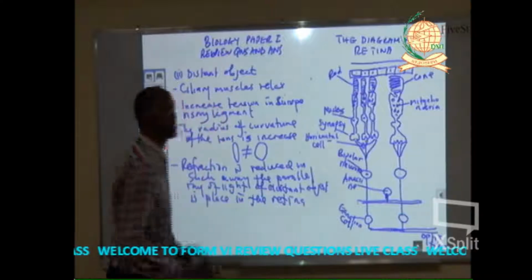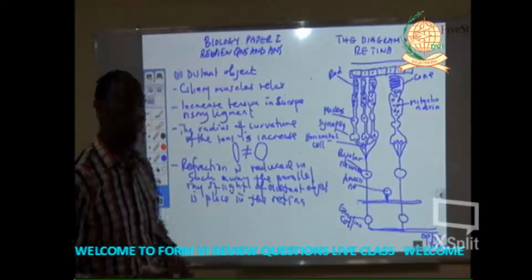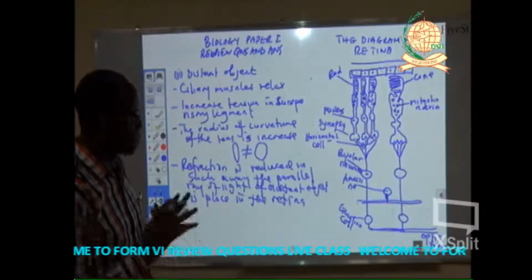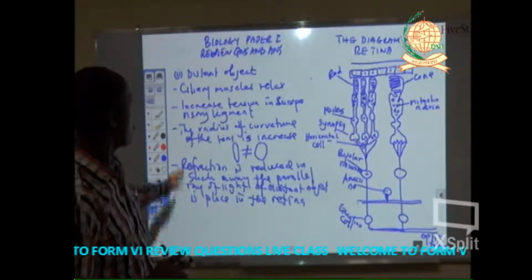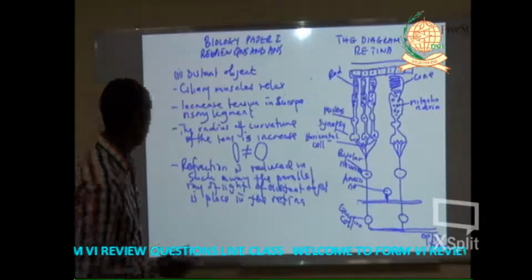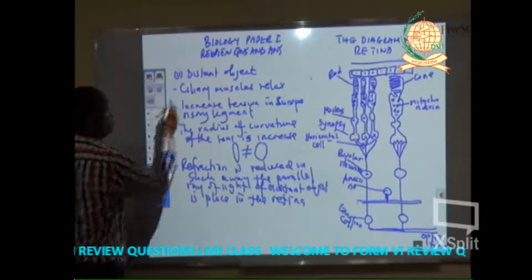So there is no such high refraction of light that the distant object would not have been placed properly on the retina. So if you explain these 4 points here, it is also 4 marks.